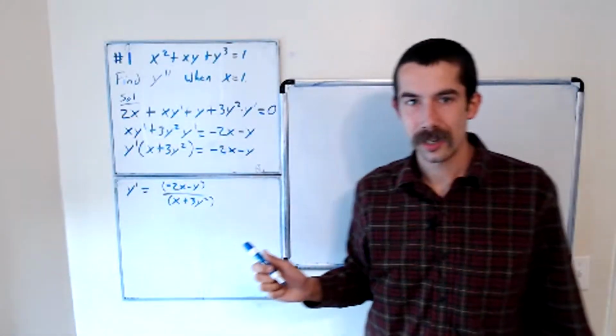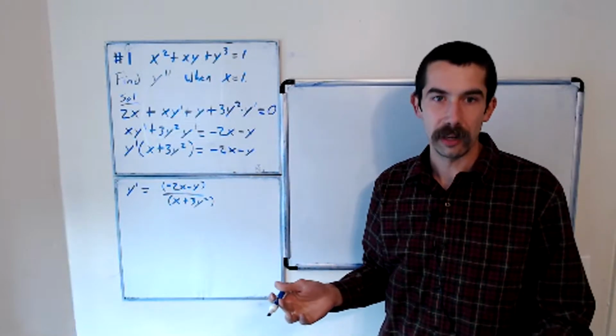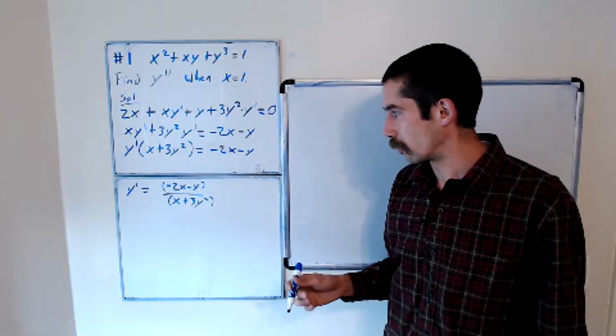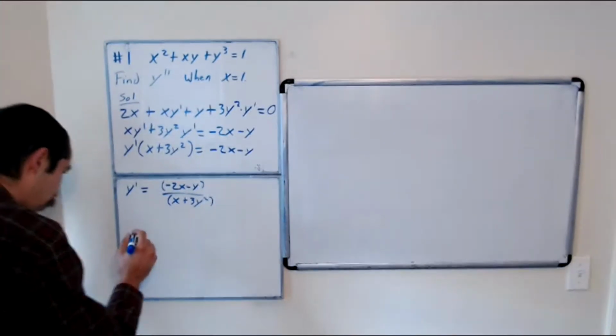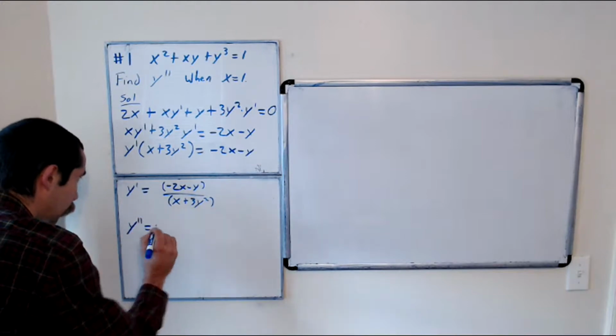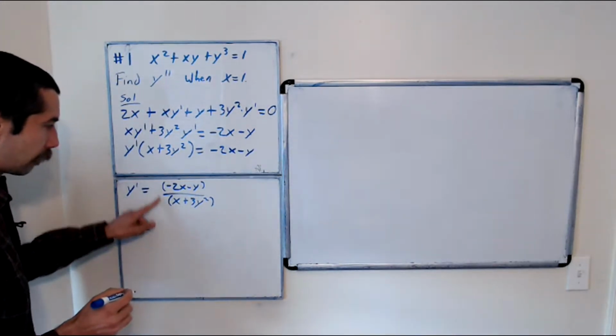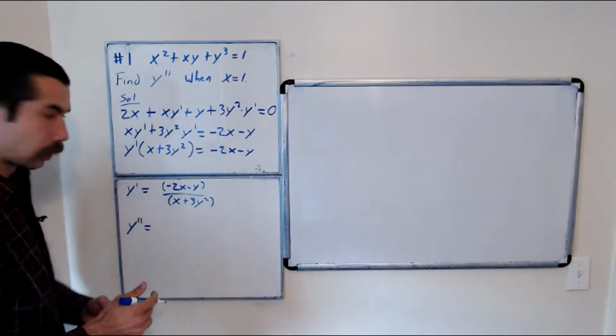The question asks for y double prime, so we have to take the derivative again. But that's not that big of a deal. Okay, so another derivative. Left-hand side, we just have y double prime. That's what we're looking for. And to take the derivative of this, it's a quotient, so we use the quotient rule.